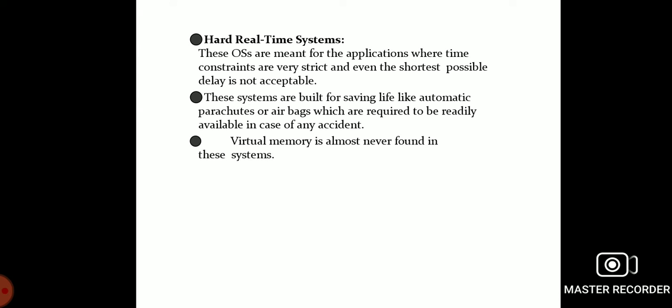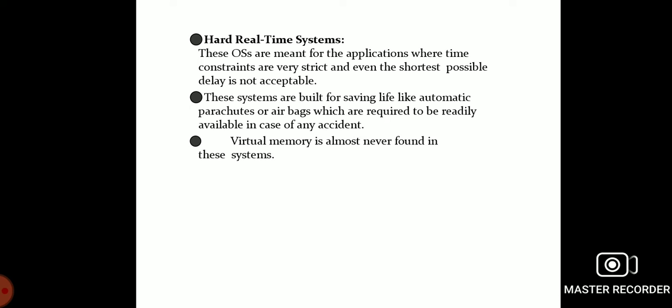In a hard real-time system, the operating system is meant for applications where the time constraints are very strict and even the shortest possible delay is not acceptable. It is hard real-time. It executes the operations in shortest path design models.